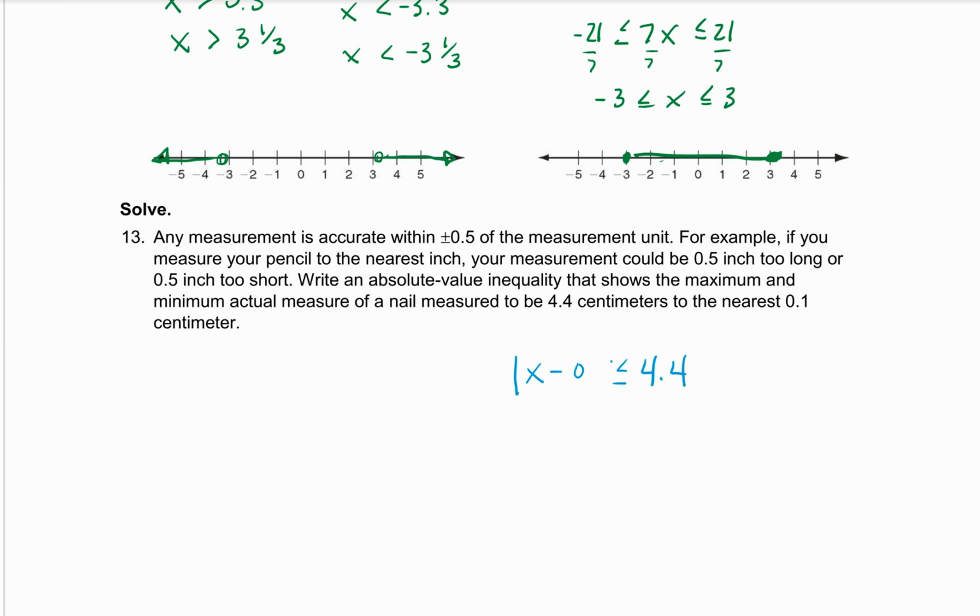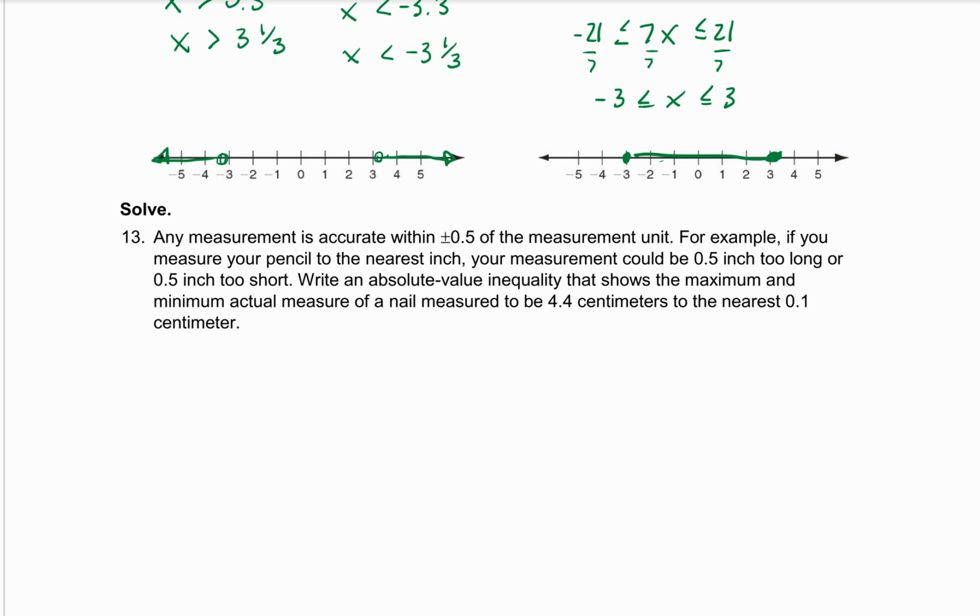Hold on a minute. Let's pause. I gotta double check this one because I want to make sure. All right, I'm back. Yeah, I went back and double checked, and I'm wrong.